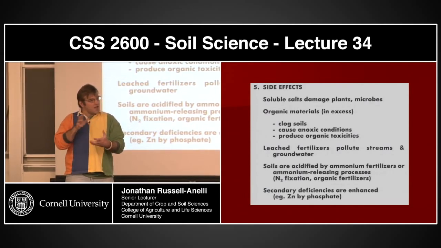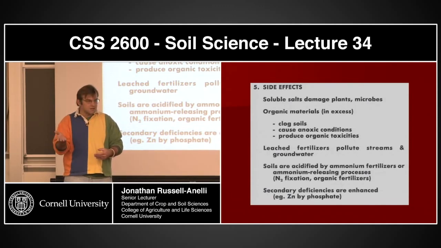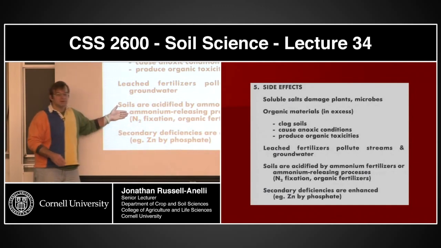Now, if I wanted to counteract that, maybe I should be thinking about using nitrate as my N source. Because I put the nitrate in, it's a negatively charged ion, and potentially the protons are going to be coming in to maintain that charge balance, right? And if I'm pulling protons out of the soil solution, I'm raising the pH around my rhizospheres. Does that make sense? So these are side effects that you have to think about.